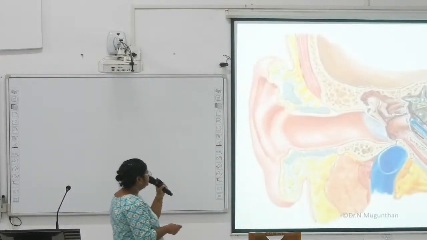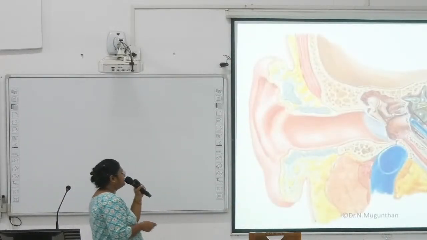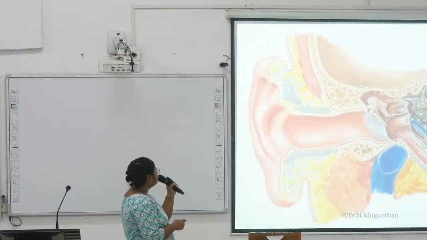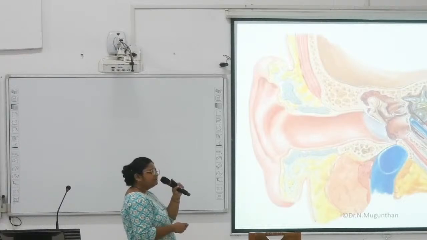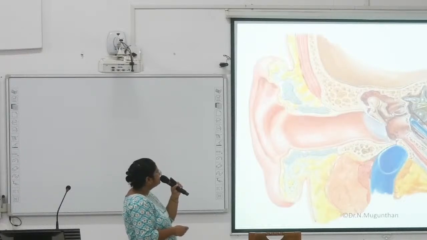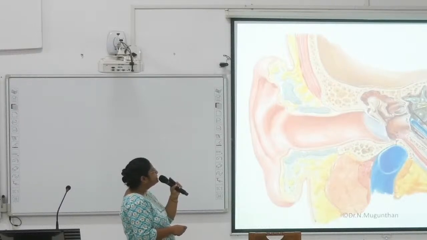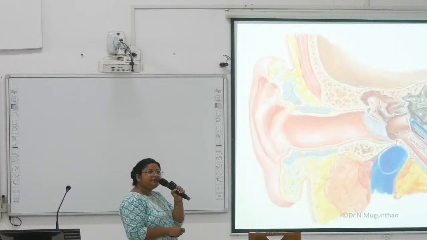See here, this is the tympanic membrane, external auditory meatus. Here is the auricle or pinna. These parts are forming the external ear. Here is the middle ear cavity. Three bones you can see: malleus, incus and stapes. The handle of the malleus is attached almost near the middle of the tympanic membrane.